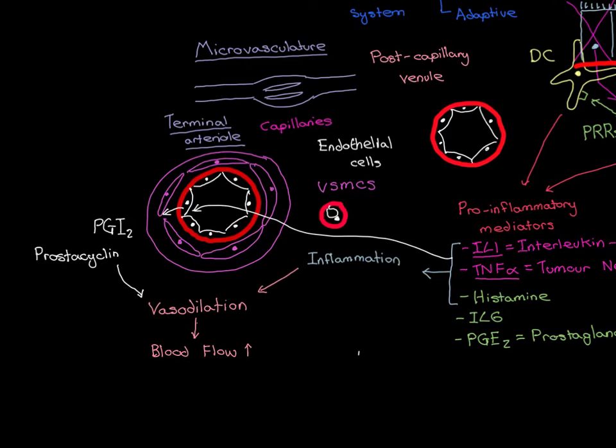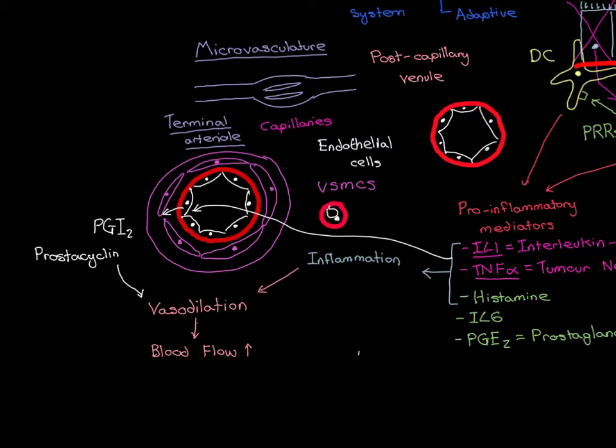So that's why we want to increase blood flow to the affected area. So that's one of the effects of the inflammatory response, but that's not the only part of the inflammatory response. So let's now go to another part of the inflammatory response. So now we're going to talk about the effect on the capillaries and postcapillary venules at the same time.